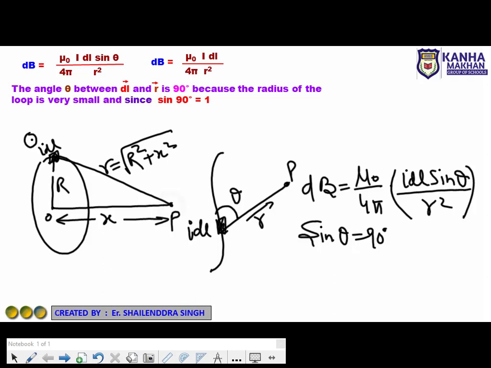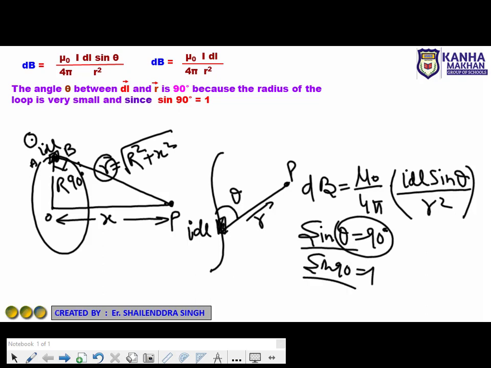At the point P, this angle is 90 degrees, because it is a 3D figure. If the current element dl is coming outward along the z axis, it makes an angle of 90 degrees with the position r. In that condition, theta is 90 degrees, therefore sin 90 becomes 1. Clear?